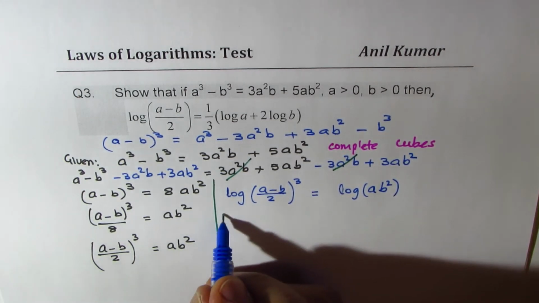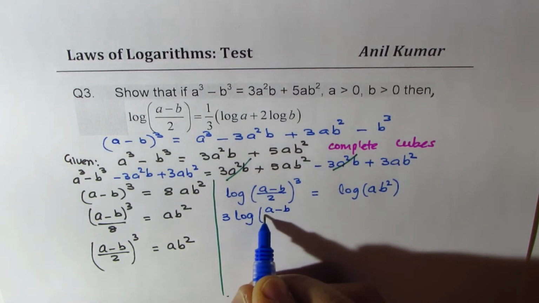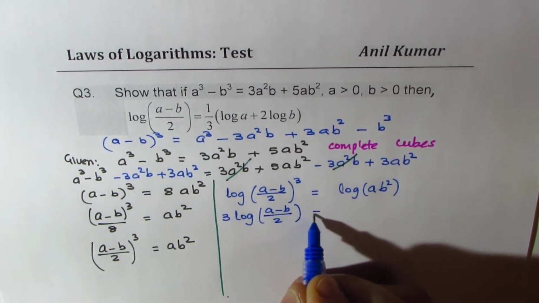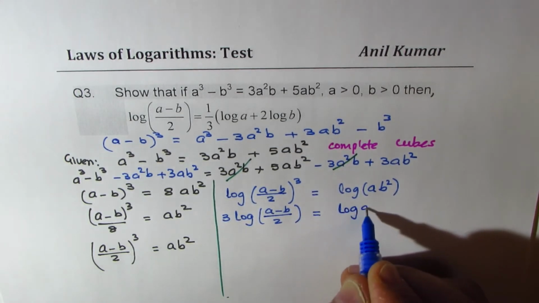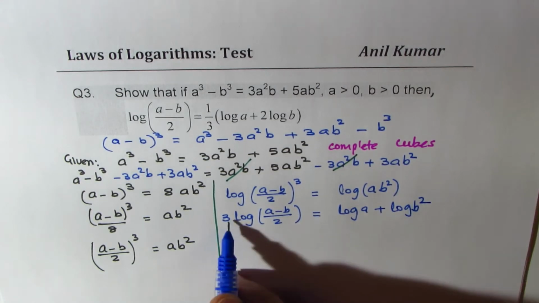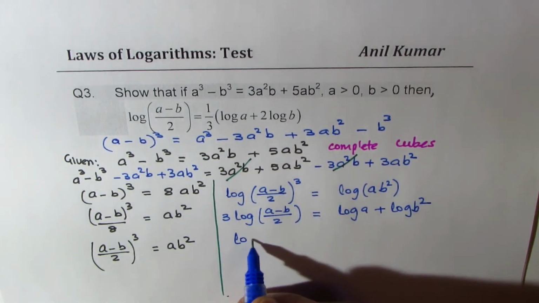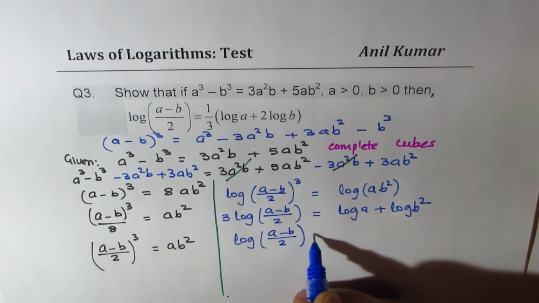Applying the power rule, we get 3 times log of (a minus b over 2). And here we can expand this and write this as log of a plus log of b square. Dividing by 3, on the left side, we are left with log of (a minus b over 2), which is required.